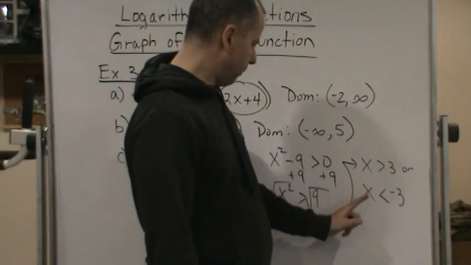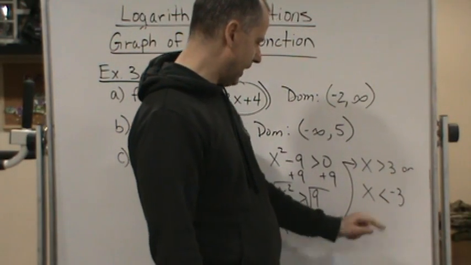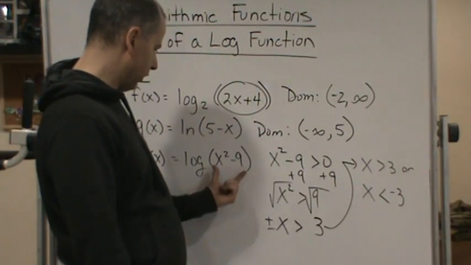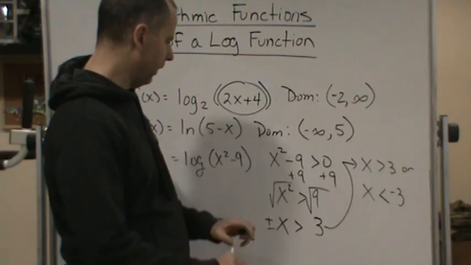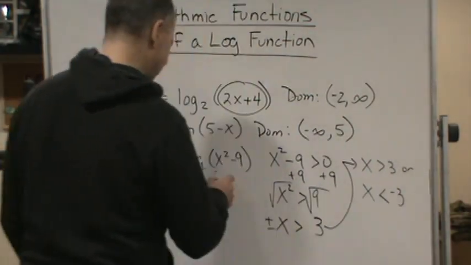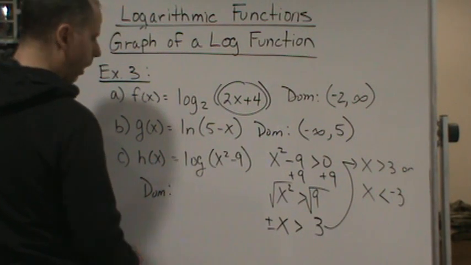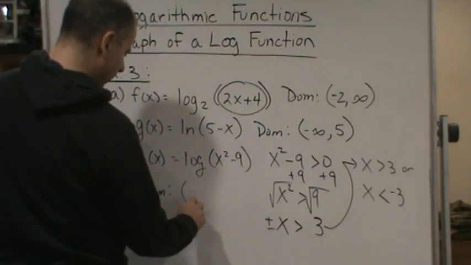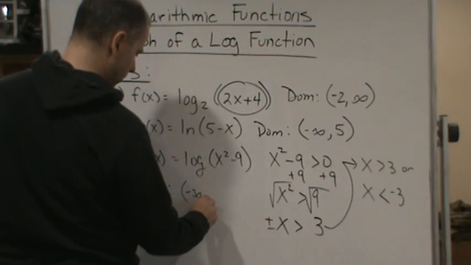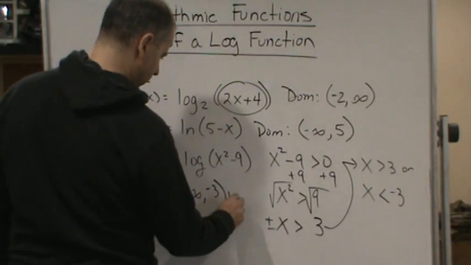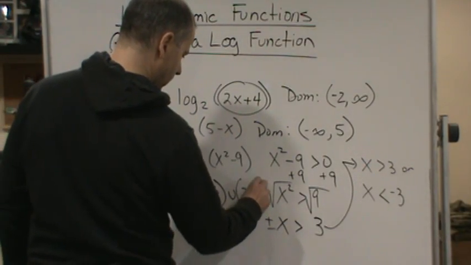But if I put any value that's greater than 3 or less than negative 3, then I will get something that is positive. Okay? So the domain for this one in interval notation will be negative infinity to negative 3, union 3 to positive infinity.